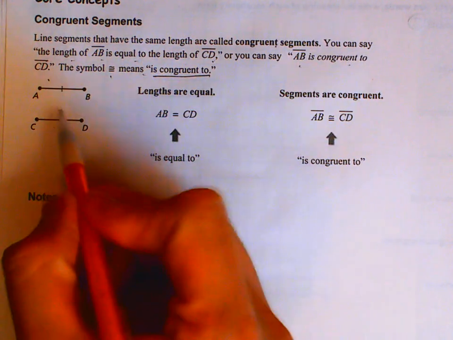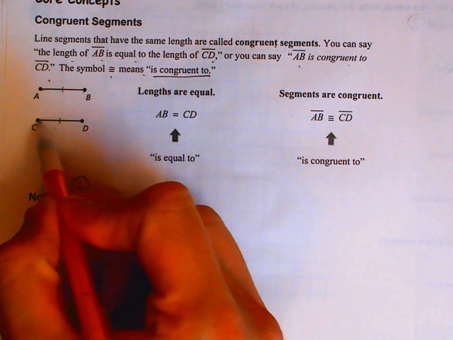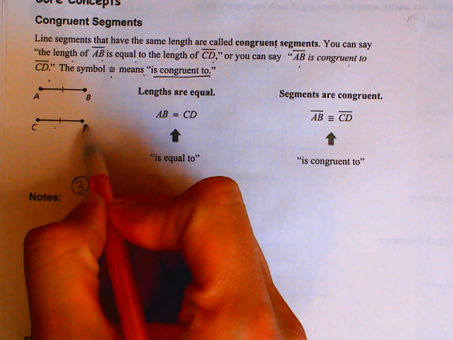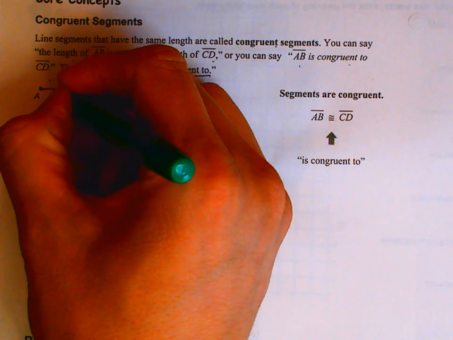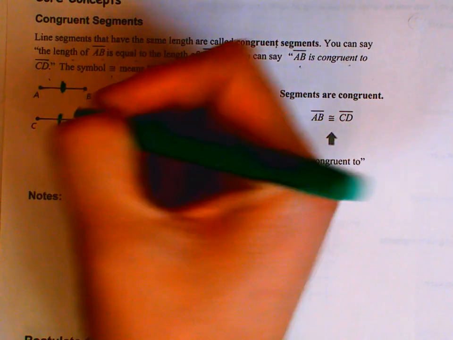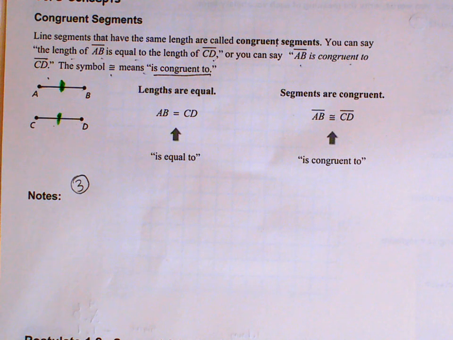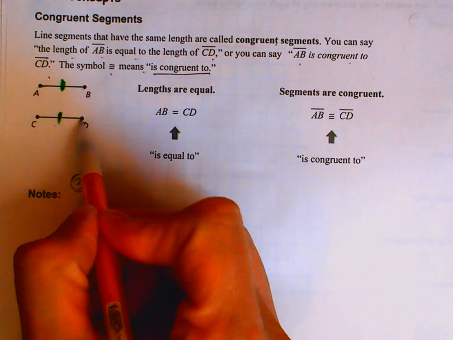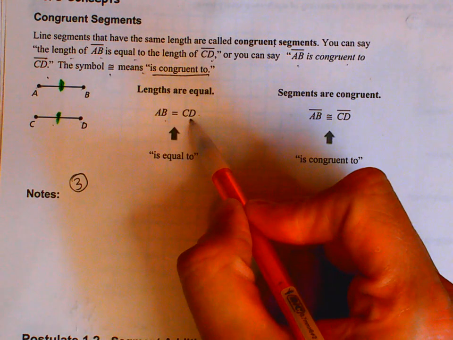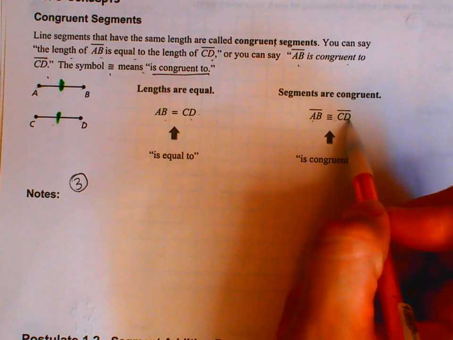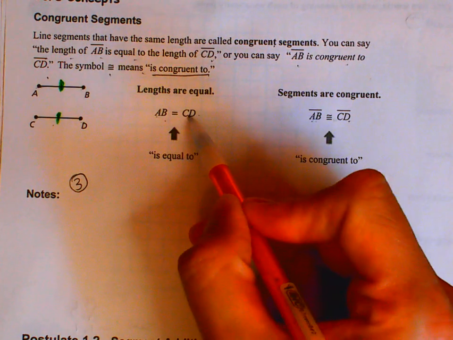So in this diagram, you have segment AB and segment CD that are congruent. Now, I want you guys to pay attention to this little line that is right here. How do you mark two segments congruent? Okay, we use these little hash marks. So here, segment AB and segment CD are congruent. Therefore, they have equal lengths.